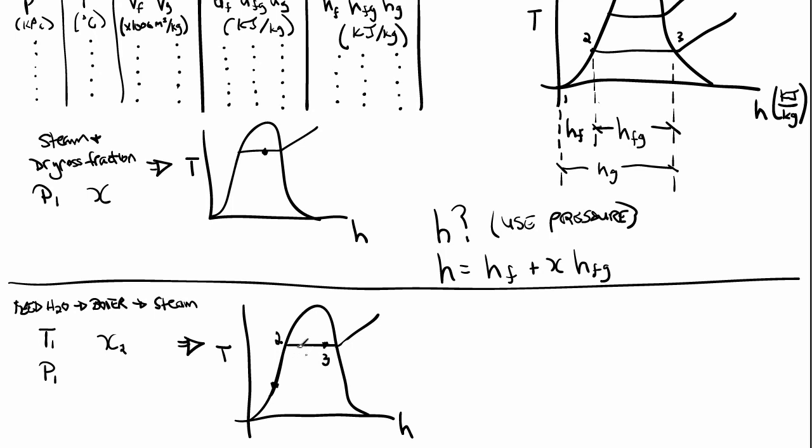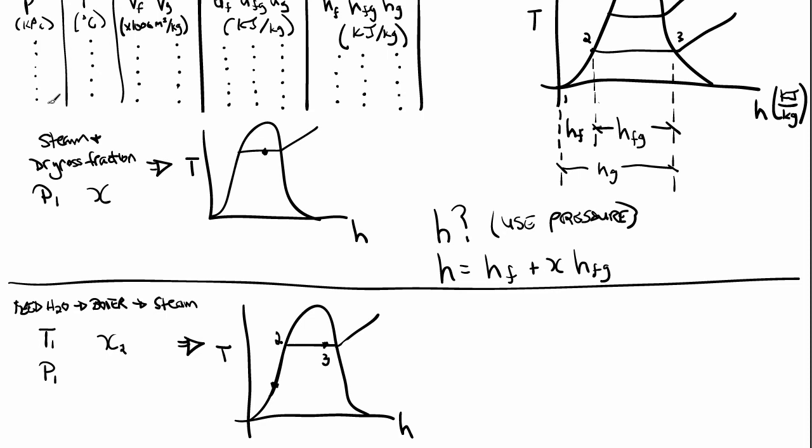I am, and it's P1. I know these are constant pressure lines, so this whole operation will take place at that pressure. That boiler operates at that pressure. So I'll look at that P and I will find the information I need.